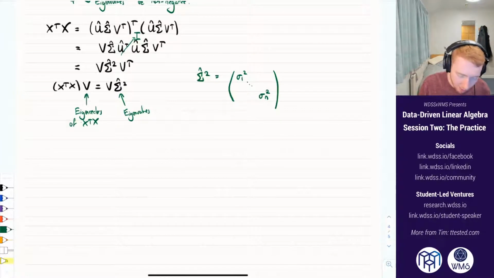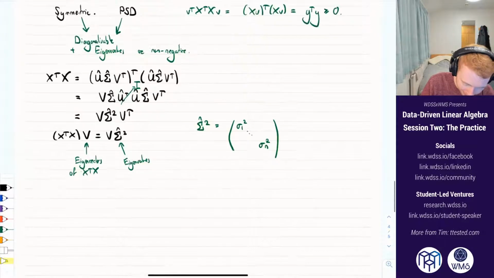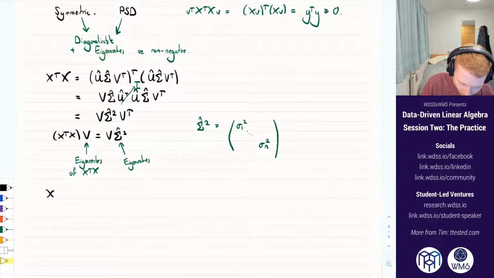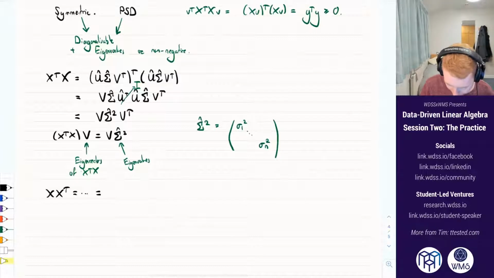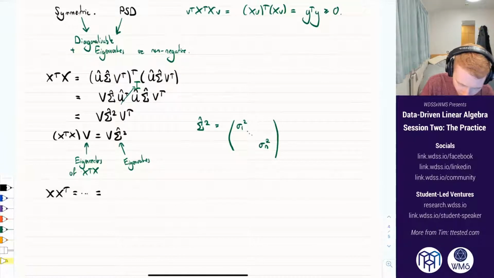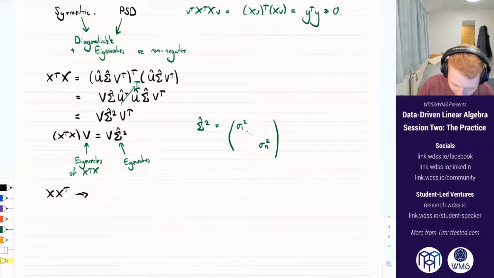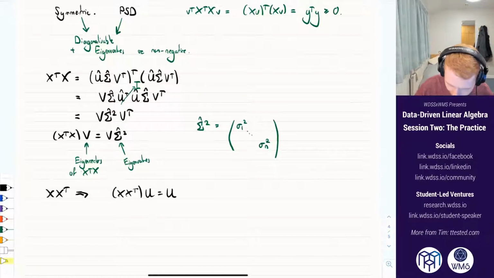Now we could do a similar thing by looking at x x transpose, and if you work through the maths, we'll see that x x transpose times u hat is u hat sigma squared.